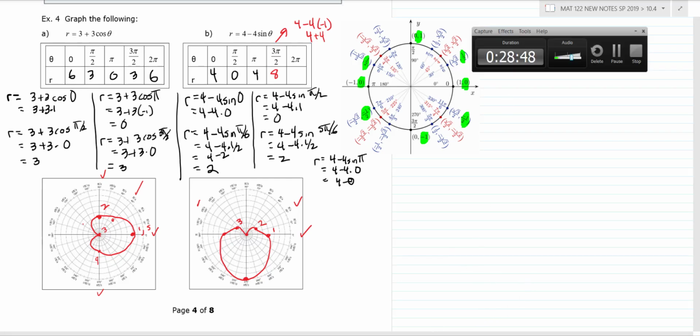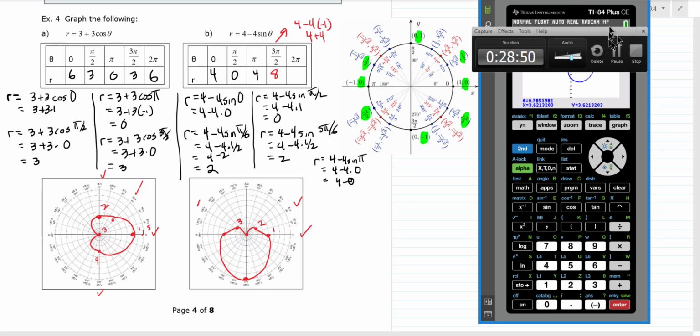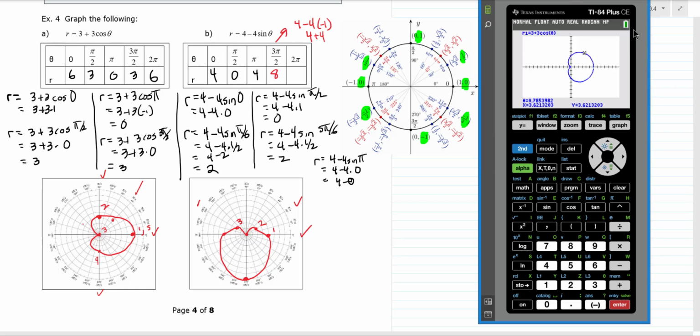Okay, so I'm going to put this one in. And again, what I'll do on this, just to check and show you how this traces out. So what happens is it dimples around the y-axis like this. So I do 4 minus 4 sine theta.